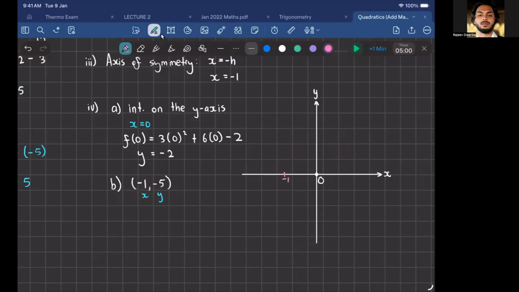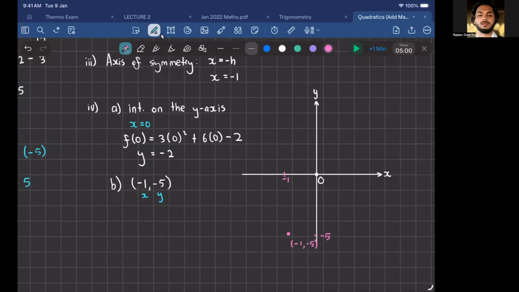And if y is -5, would that be up or down? Down, sir. Exactly, it will be down. So that'll be minus 5 over here. And then I'll put the point. So this would be the minimum point, and the minimum point is minus 1 comma minus 5. And it represents the lowest point that the graph is going down to.